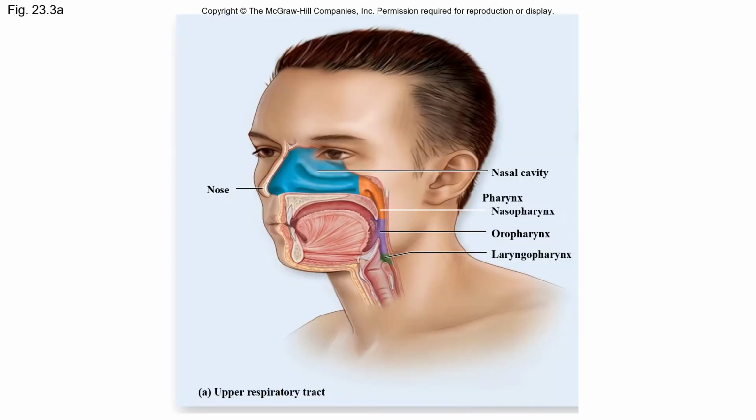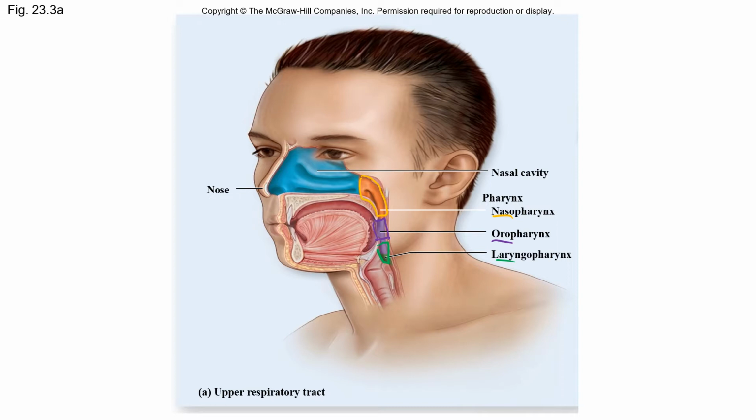Okay. The upper respiratory tract can be split into a nasal cavity, which is shown in a sort of cyan color on this picture, and a pharynx behind the nasal cavity, which is split into nasopharynx, oropharynx, and laryngopharynx based on what those parts of the pharynx connect to on the forward side.